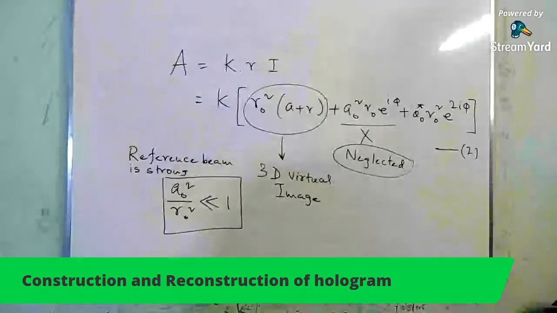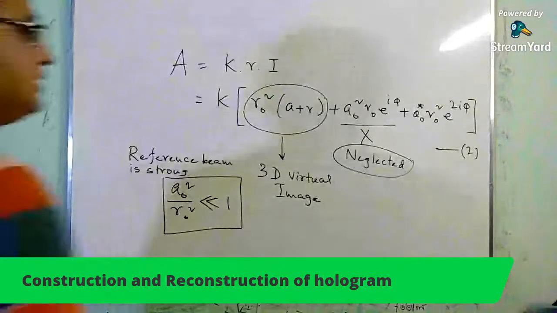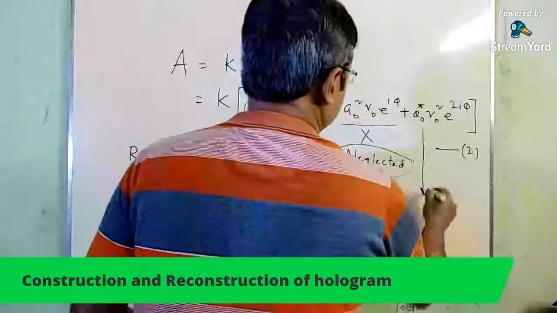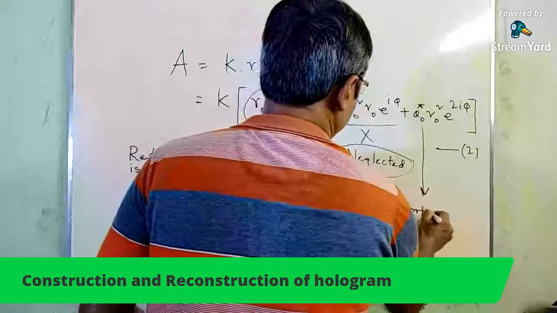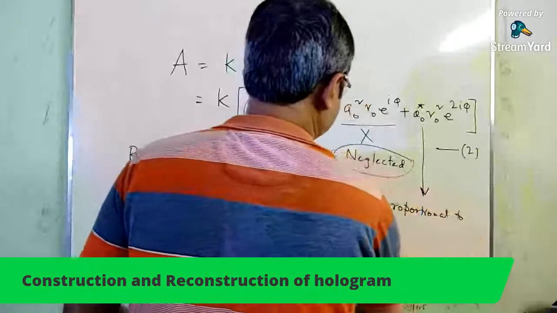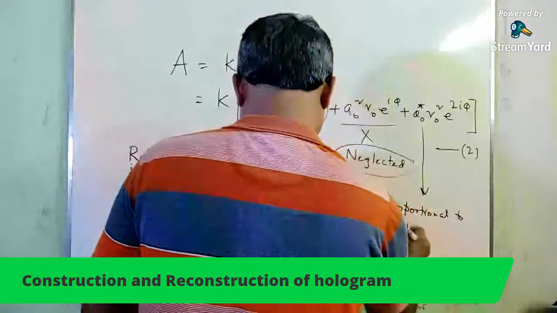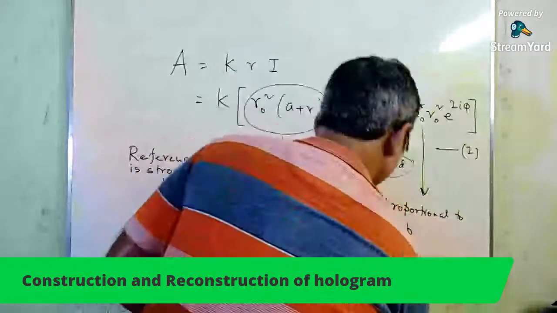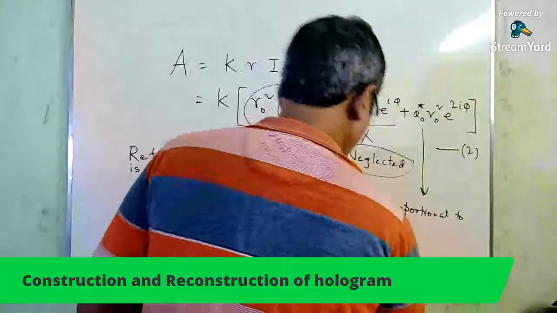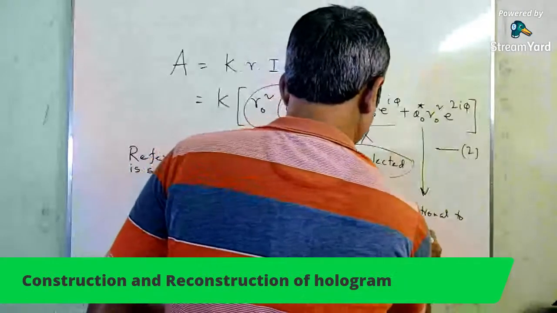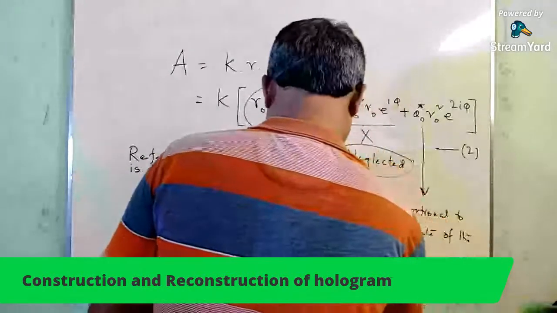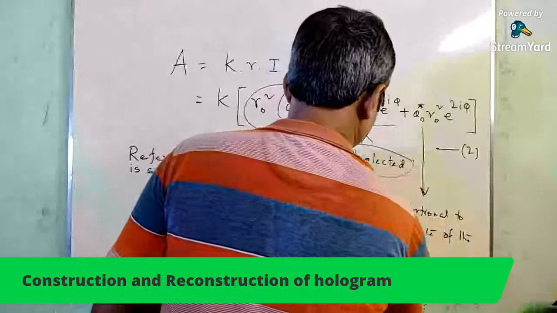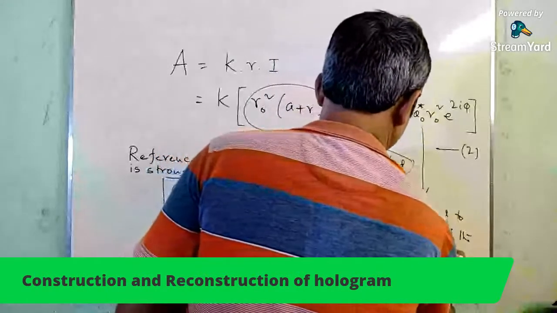So the third term is proportional to the conjugate of the object wave amplitude.